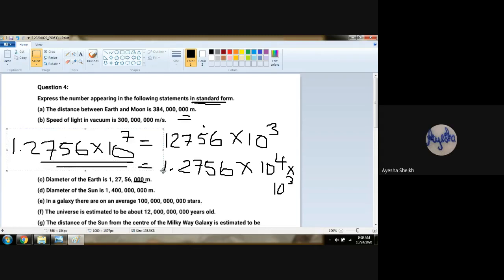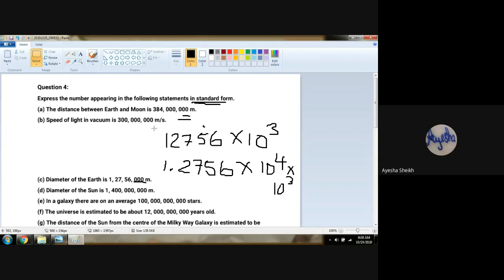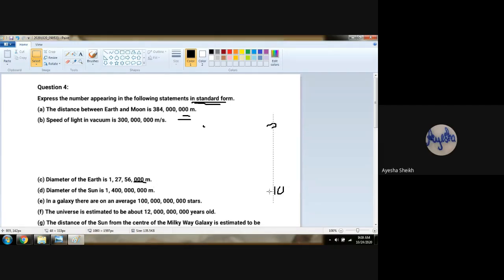Diameter of Sun is 1,400,000,000 meter. So હવે શું આવશે બેટા? તમને આવડવું જ જોવે. 8 zeros are already given and 2 digits are given.